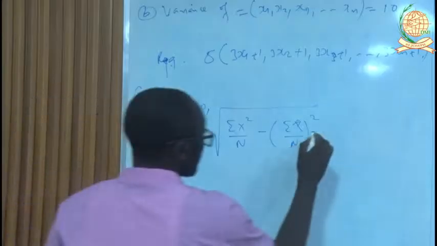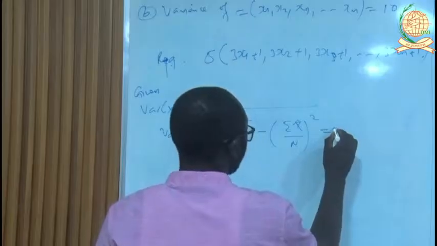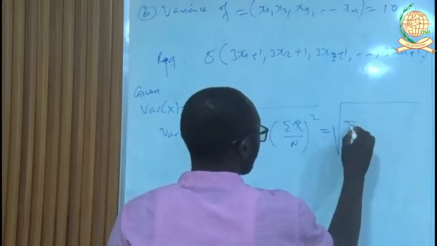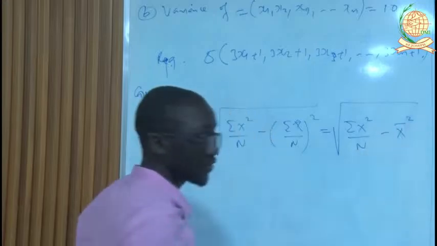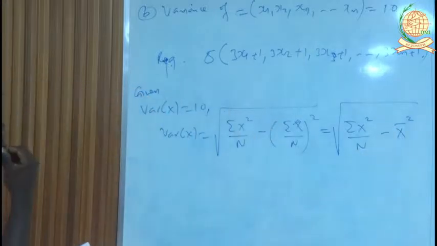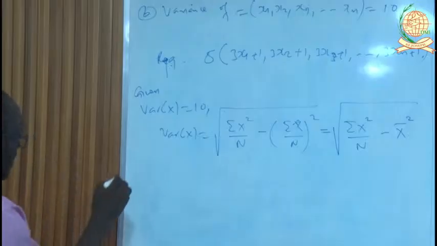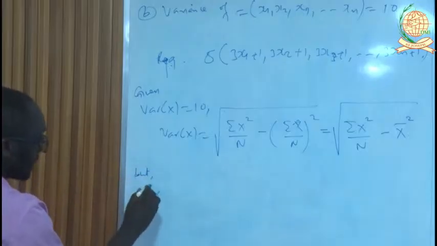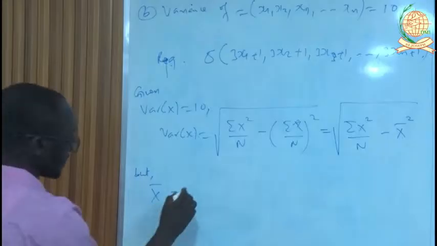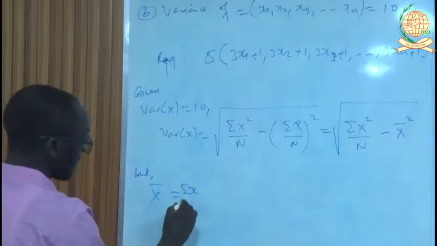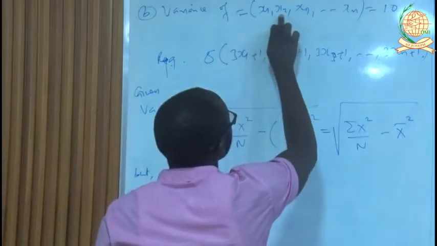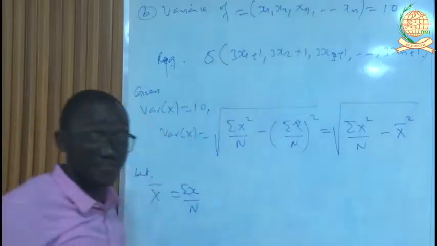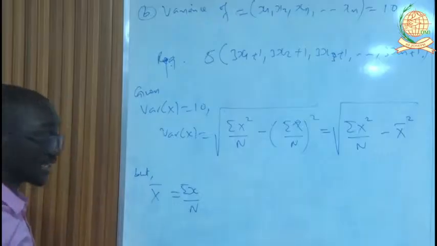So you can write it as the square root of summation of x squared out of n minus x bar squared, which is the mean. But you have to know what x bar is. Mean, x bar, is the sum of observations out of the number of observations. So for x1, x2 up to xn, it means you have any number of variables, x's.